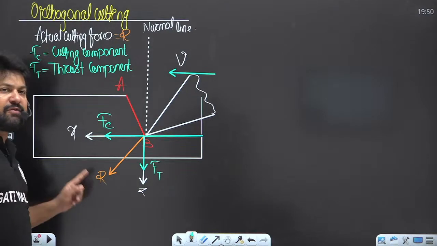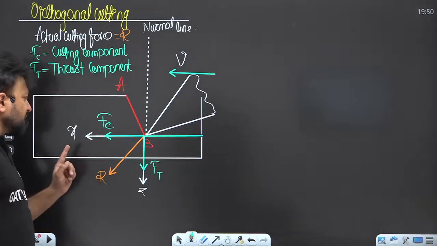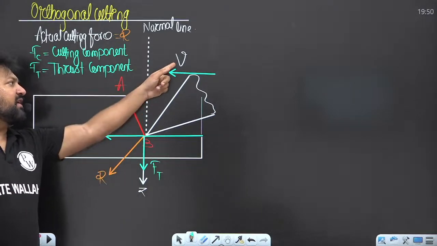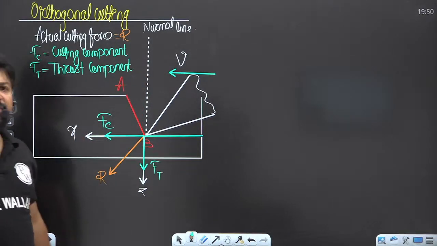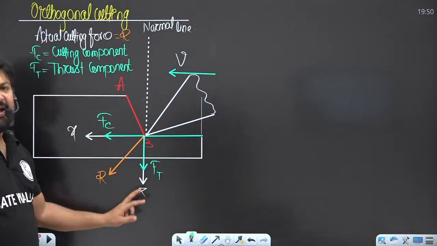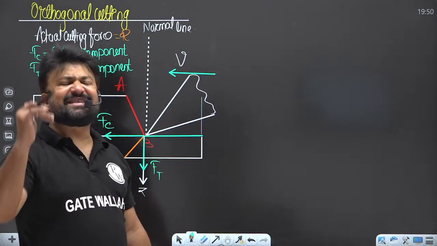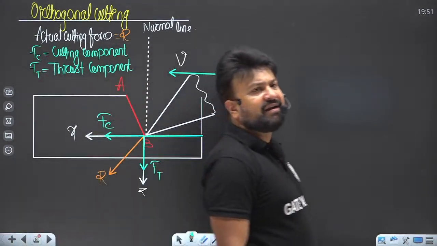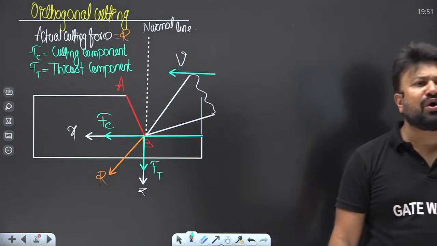When the component of the actual cutting force acts in the direction of cutting velocity, it becomes the cutting component. So cutting is done by FC. Because of FT, the tool always remains in contact with the workpiece. Right?